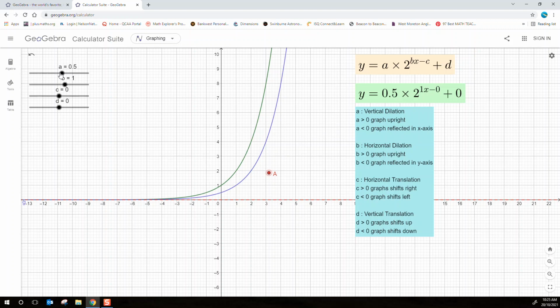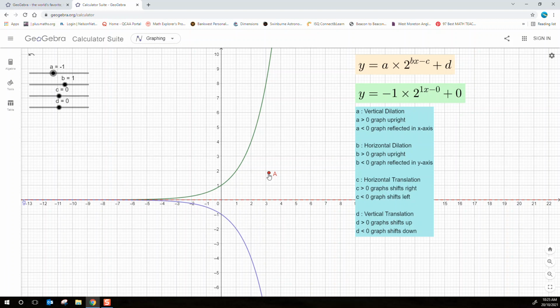Interesting things happen when a drops to 0. As you would imagine, any y value multiplied by 0 is 0. So my graph has now just become a horizontal line. And now as I start to go negative, let me go to -1, then it's a reflection in the x-axis.